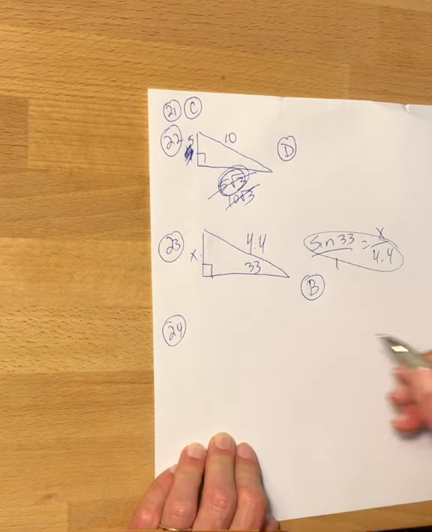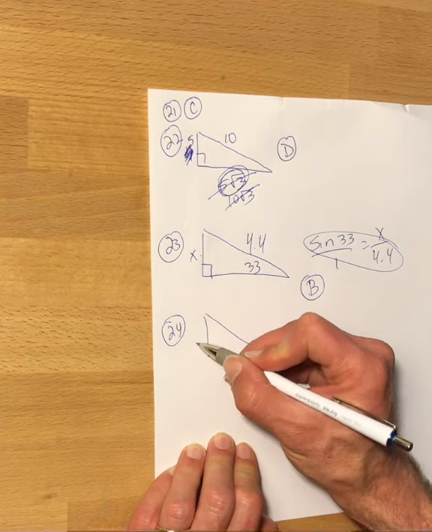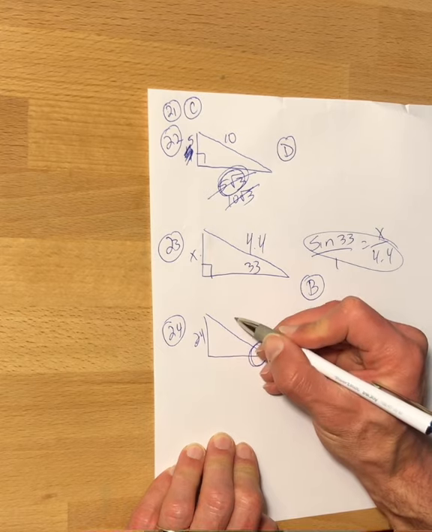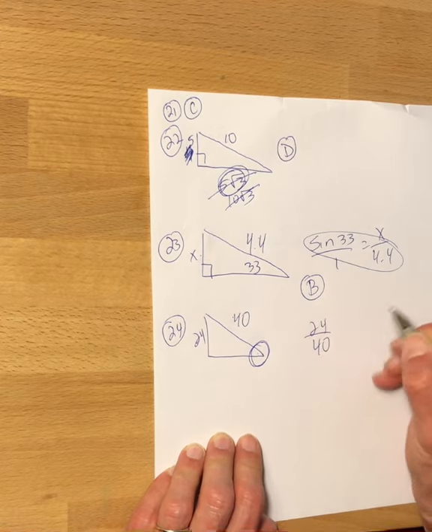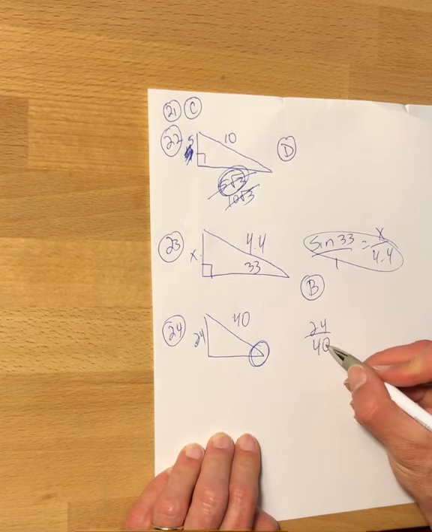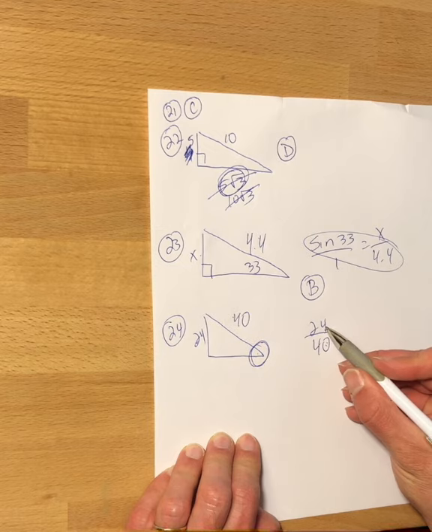24, almost done. To find sine x, from this angle right here, opposite is 24, hypotenuse is 40. 24 over 40, but they don't give you that. You can reduce both of these by, let's say, 4.